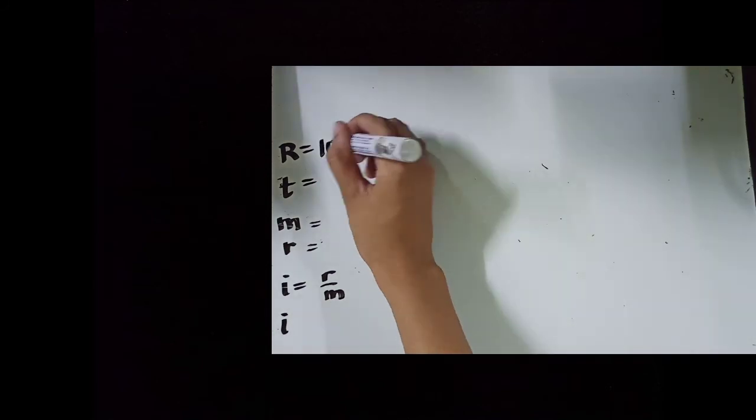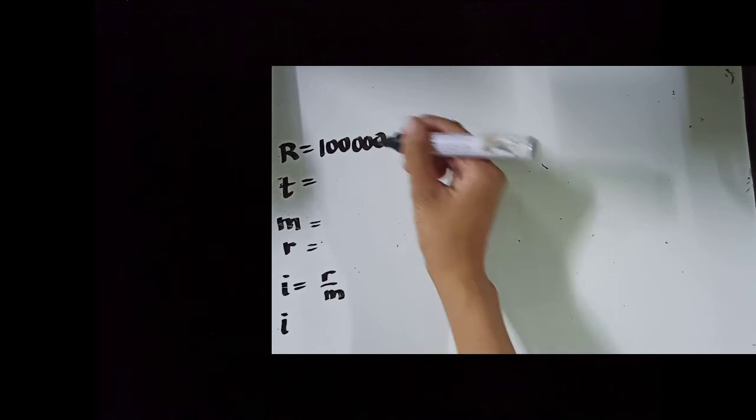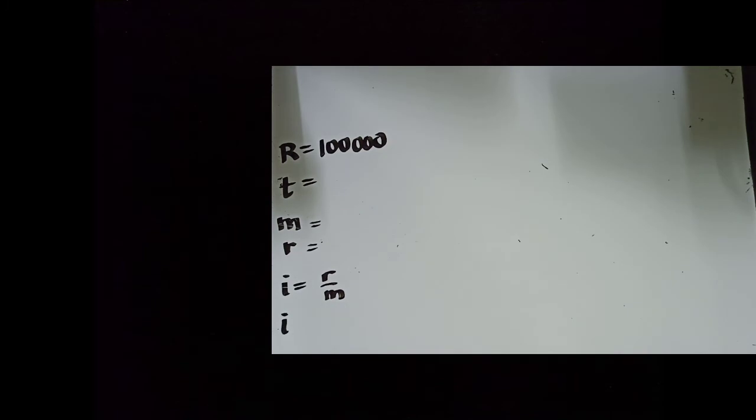So, meron tayo dito 100,000. And this 100,000 pesos is the value of our capital letter R, or the PMT. So, what is PMT? PMT, this is the periodic cash payment or the repayment. So, again, 100,000 pesos. And the value of our T, ang T natin is 5 years or 5.